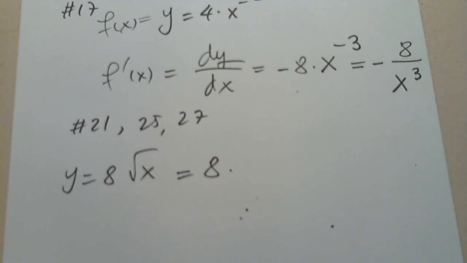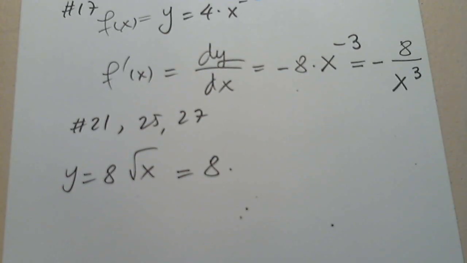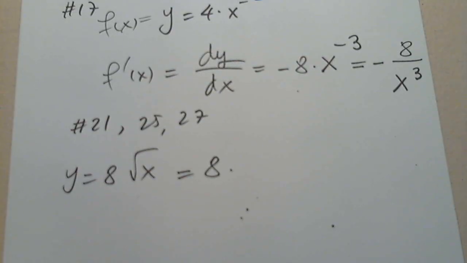Can anyone refresh our memory? The square root of x is the same as which exponential notation? We know all radicals can be changed into exponential notation. How? X to the 1/2. Brilliant, thank you very much. Excellent.